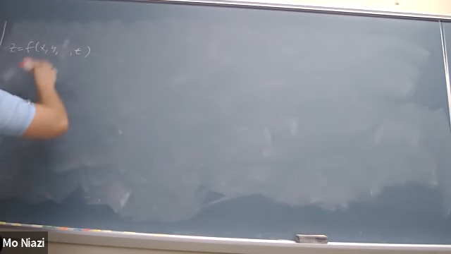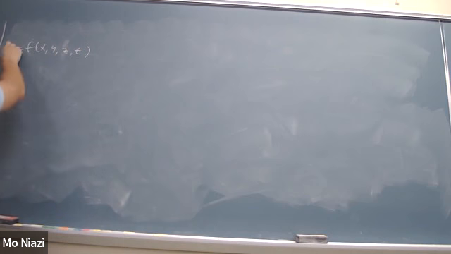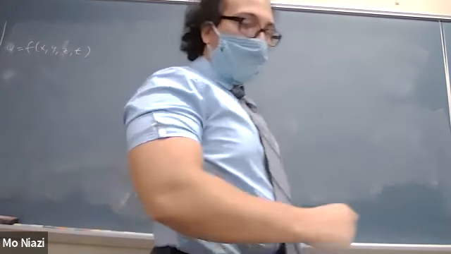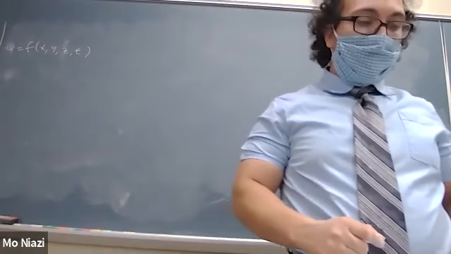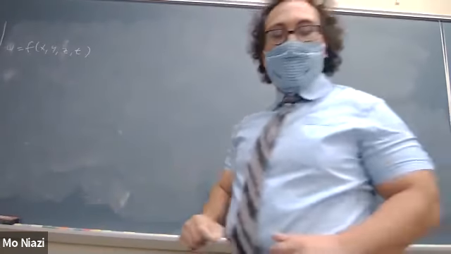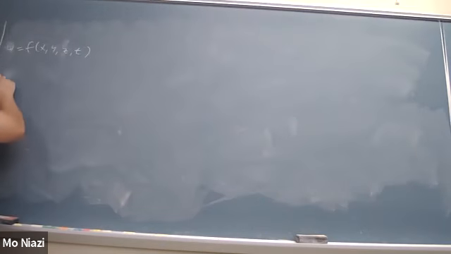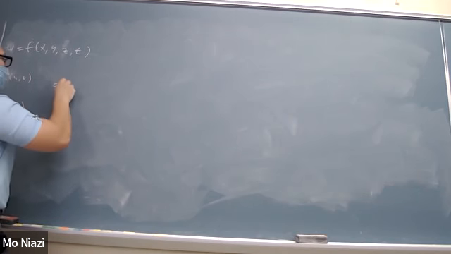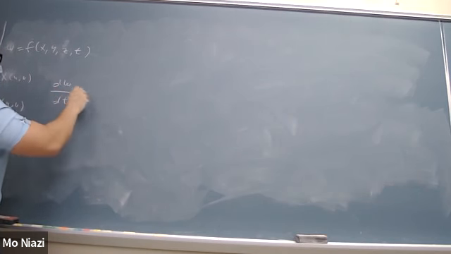X, y, z, t. Okay. Now let's call this one w. All right. Let's say that x and y and z are functions of u, v. All right. So then what is dw dt?